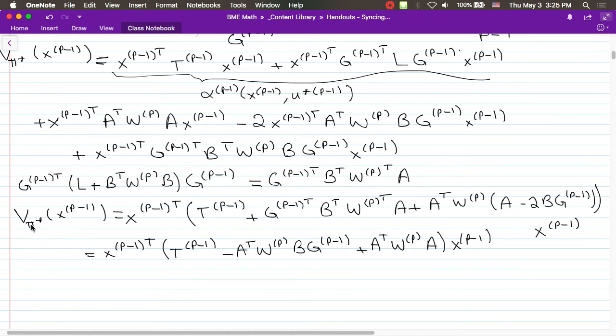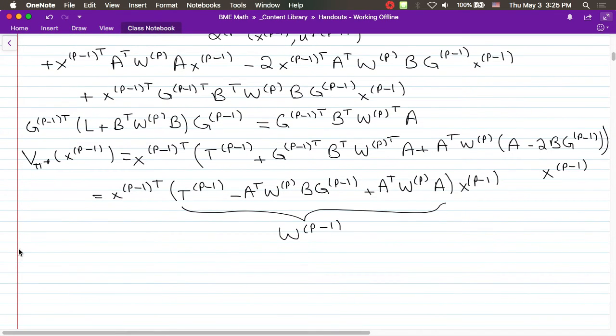So the value of our state at time point P minus 1 is also a quadratic function of x, and here's the matrix W at time point P minus 1. So V under the optimal policy at time point P minus 1 is x at time point P minus 1 times some matrix W times x of P minus 1.